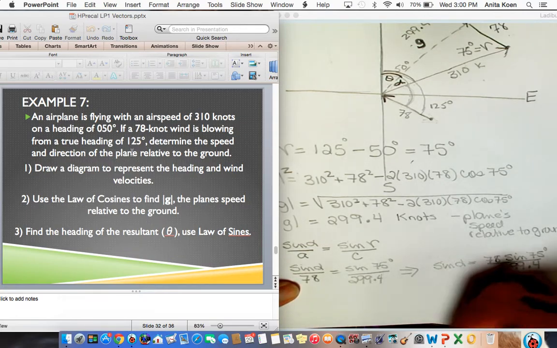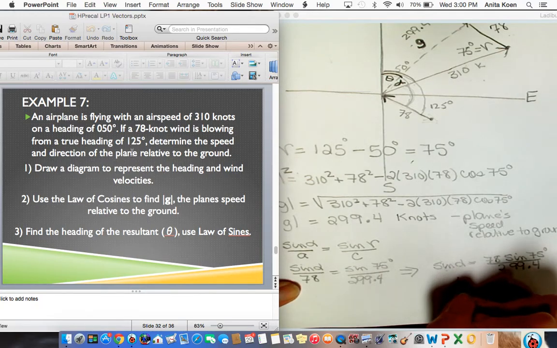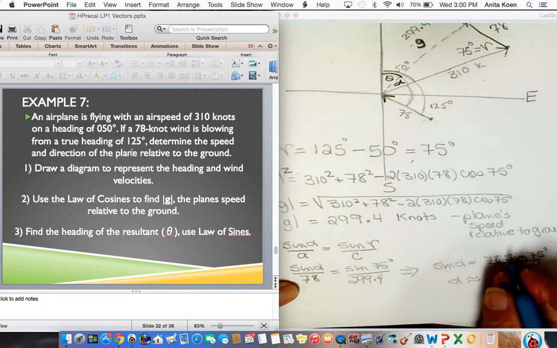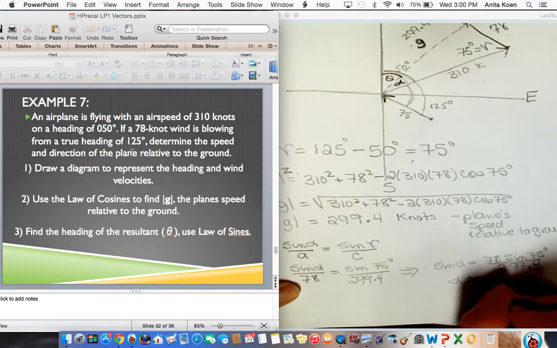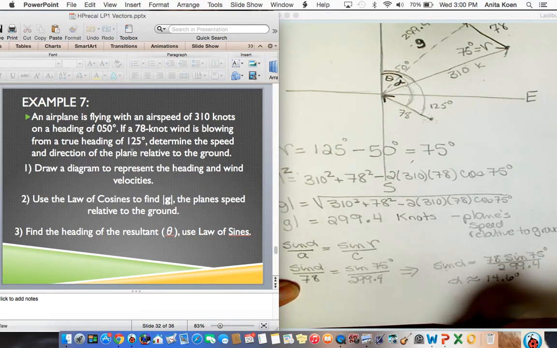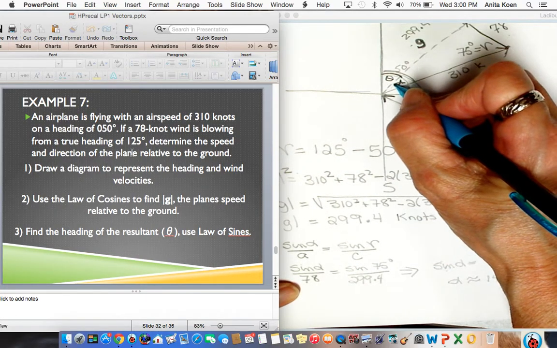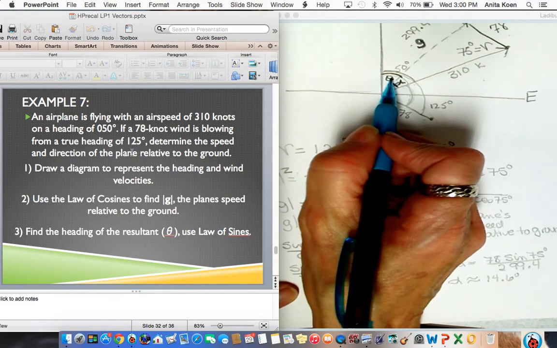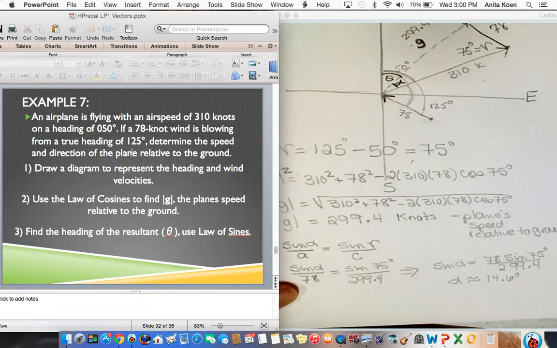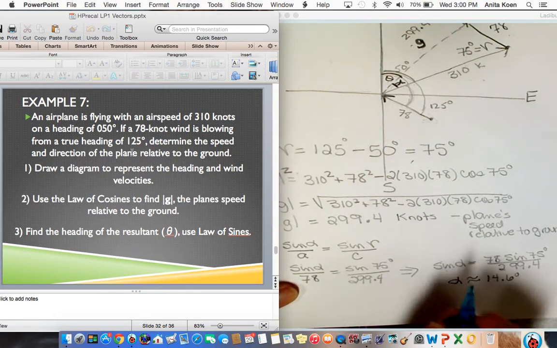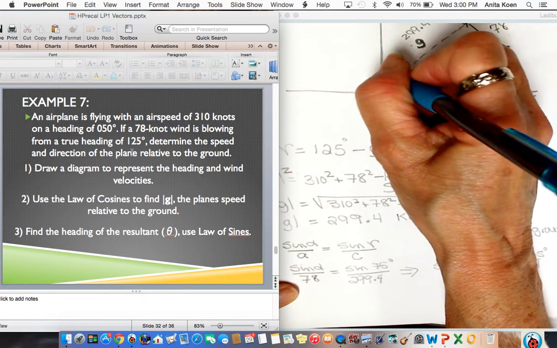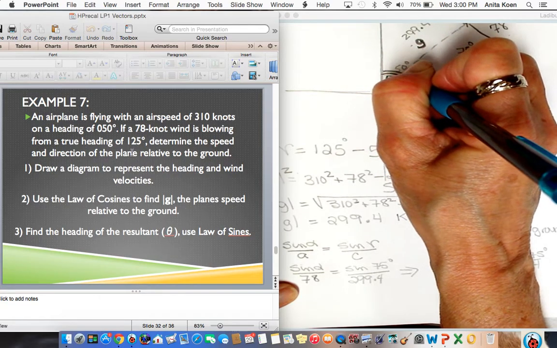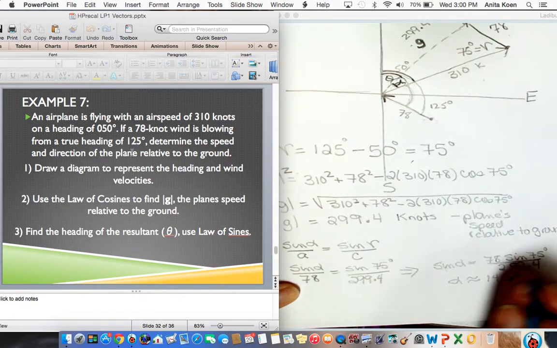Now, when I take that and put it into my calculator and take the sine inverse, I'll find out that alpha is approximately 14.6 degrees. Now remember, this is alpha right here. We need to know what theta is because we're looking for the heading. So now we're going to take this 50-degree angle right here, subtract our alpha from it.